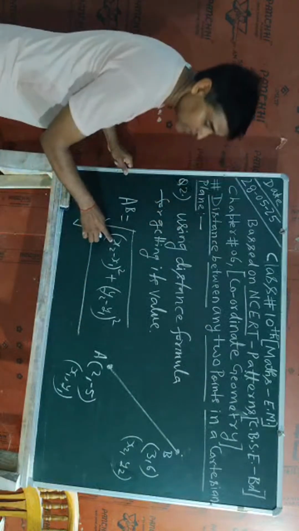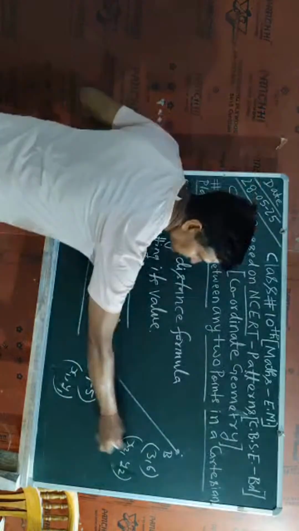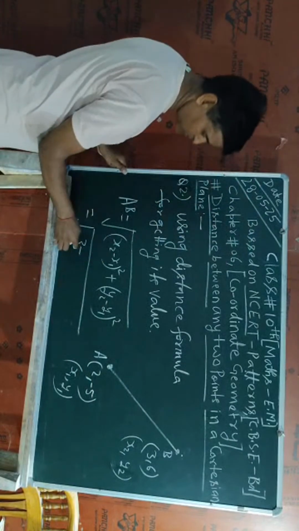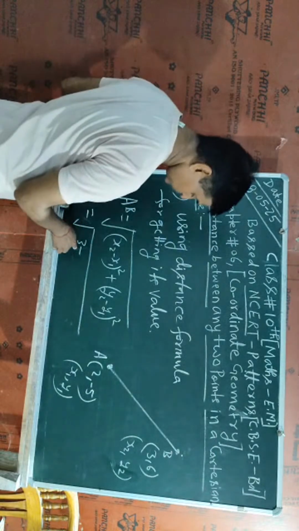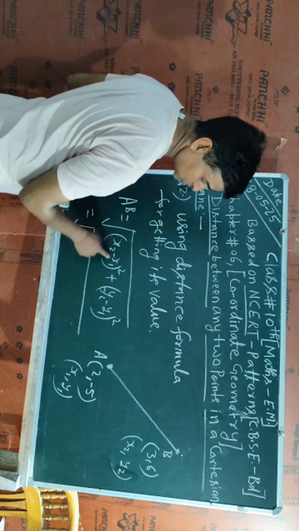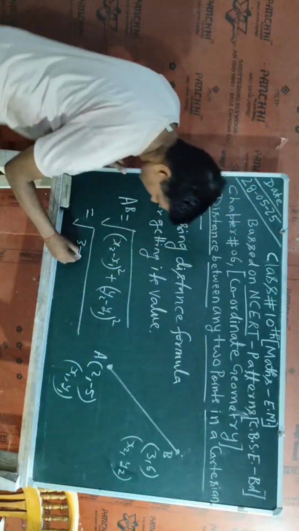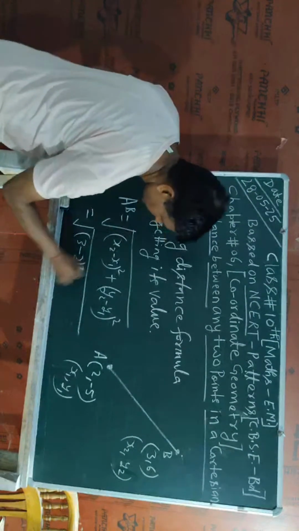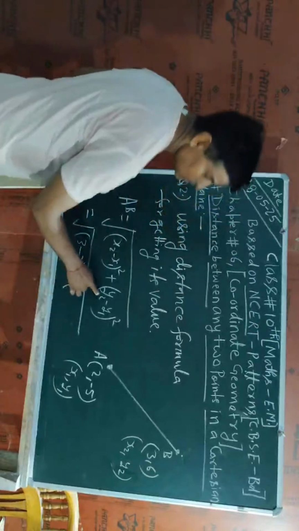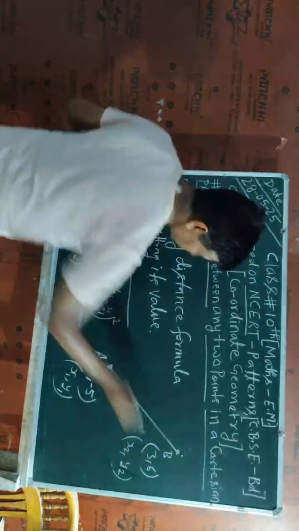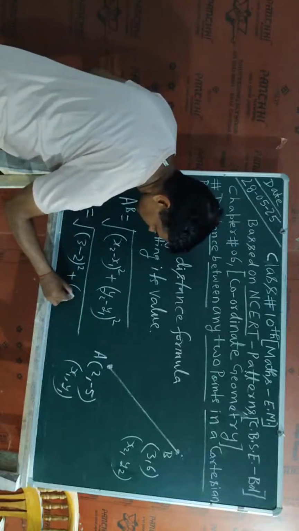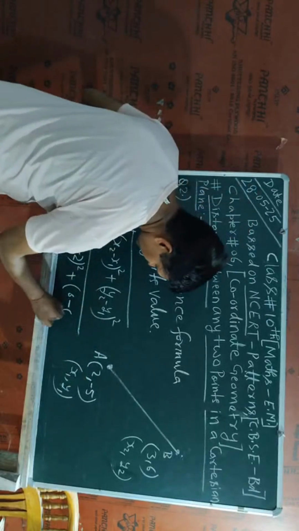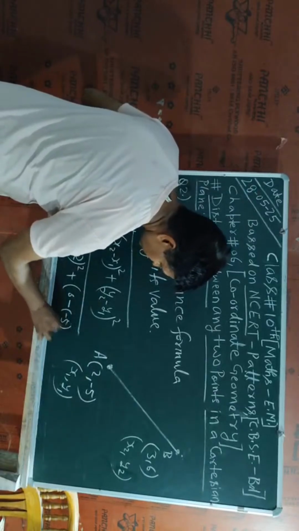So x2 is known, x2 is 3. So here I will write 3 minus x1, the value of x1 is 2, so I will substitute here 2 whole square plus the value of y2, 6, so I will substitute here 6, and minus y1, which is -5, so I will put here minus minus 5.